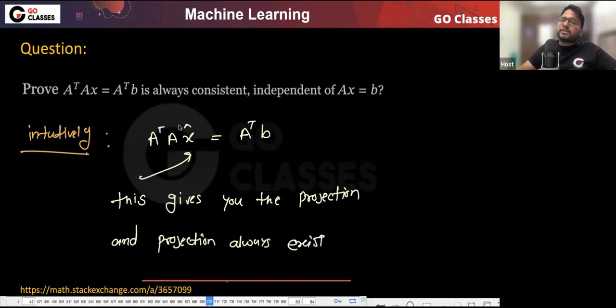So basically, what does this consistent mean? That either unique solution or infinite solution, right?